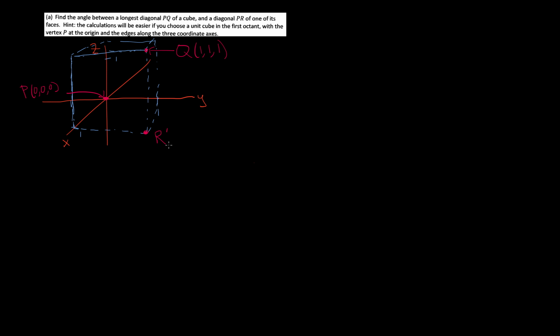And this R, it's going to be 1 in the x direction, 1 in the y direction, and 0 in the z direction. And so let's just quickly draw in these two vectors. So this is vector PR. And then here we have, oops, this is going to be a difficult drawing to pull off. This is going to be the longest diagonal.